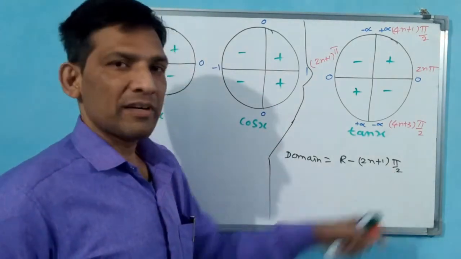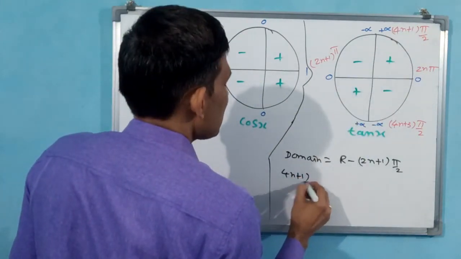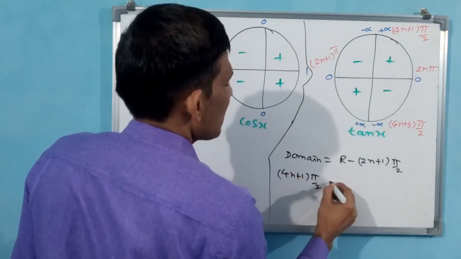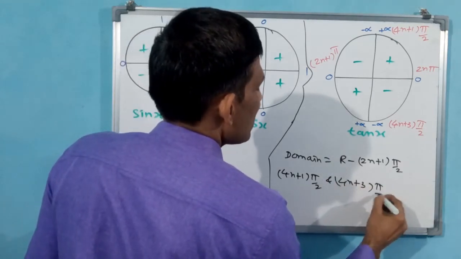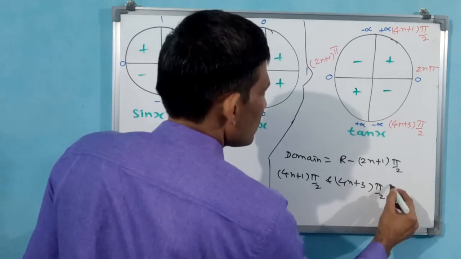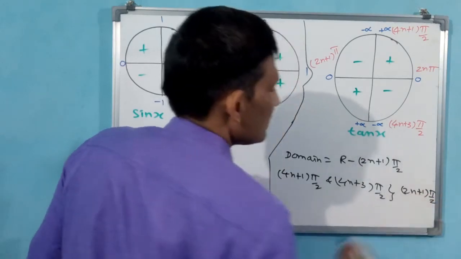What is this (2n plus 1) pi by 2? It is (4n plus 1) pi by 2 and (4n plus 3) pi by 2. These both together are going to give (2n plus 1) pi by 2.